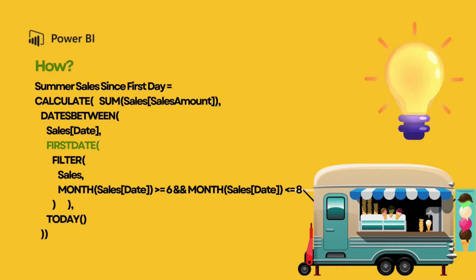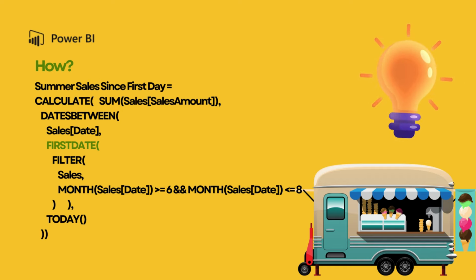Sales amount is the SUM of the sales amount, because we want to calculate sales. DATESBETWEEN is the function that creates a date range filter, and because the filter is based on the date, we need the date column from the sales table. And FIRSTDATE is the inner function used to determine the first date in a summer month.